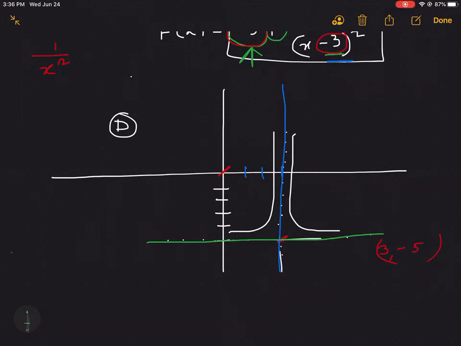Anyway, so the next question is, what is the domain of the given function? Select the correct choice below, and if necessary, fill in the answer box to complete your choice. Okay, so first of all, domain means the values of x for which our function is defined. So by just eyeballing, don't look at the answer.